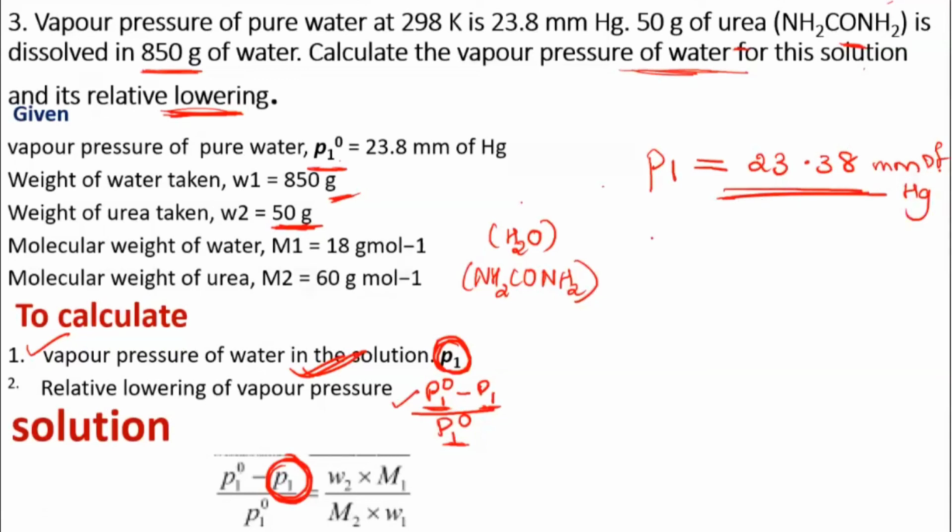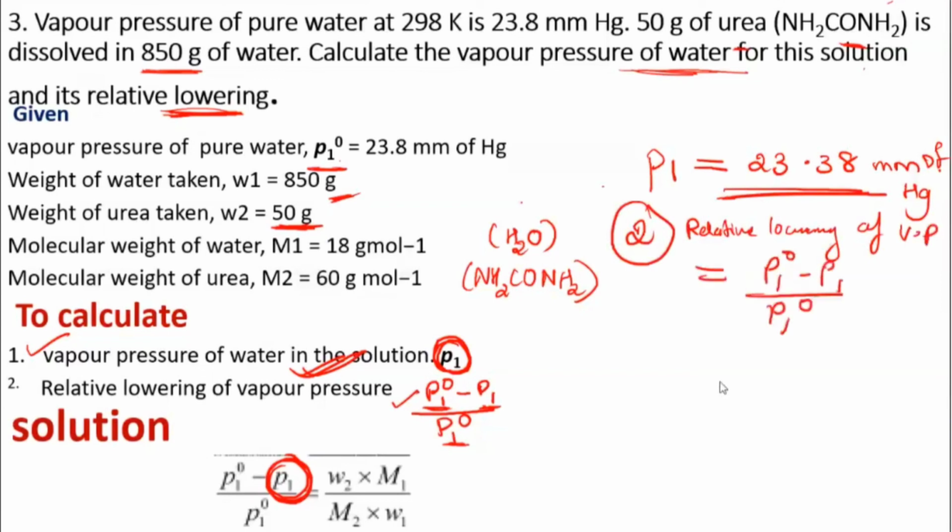Then you have to calculate relative lowering, no? Second part. Relative lowering of vapor pressure is equal to P1 naught minus P1 divided by P1 naught. Yes, very good. Many have got this answer. So I will substitute now here 23.8.